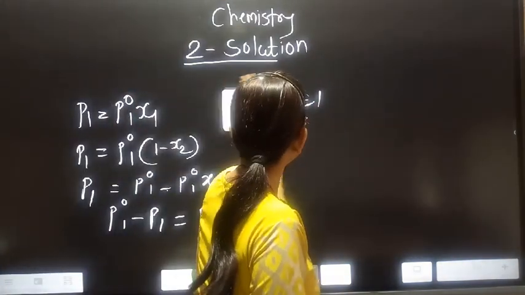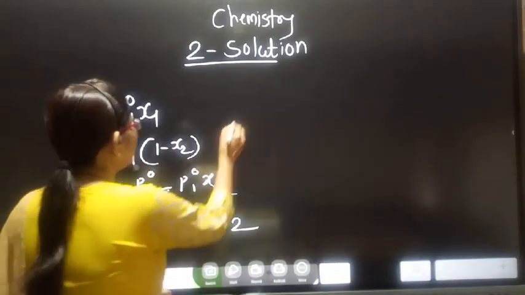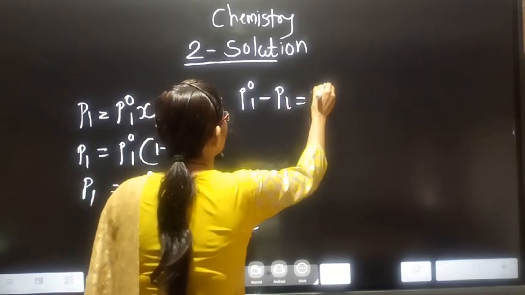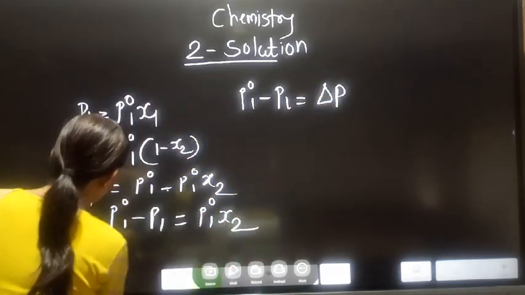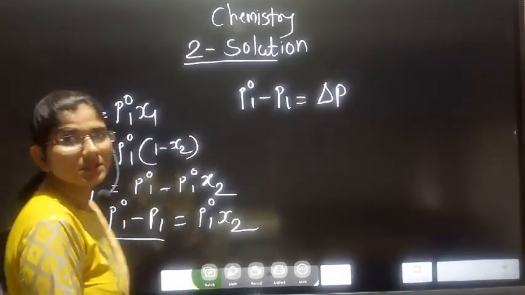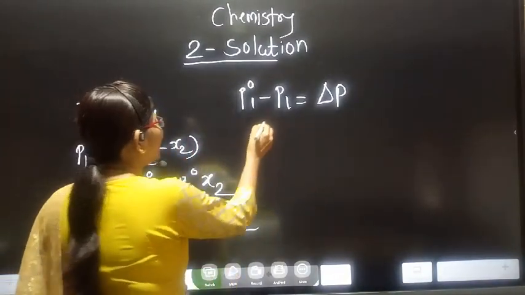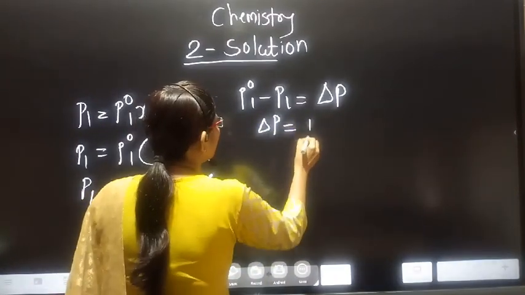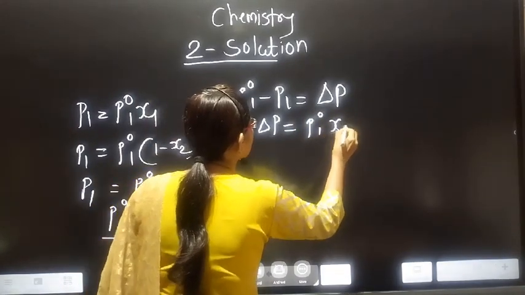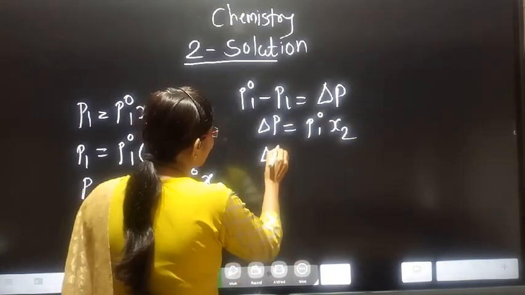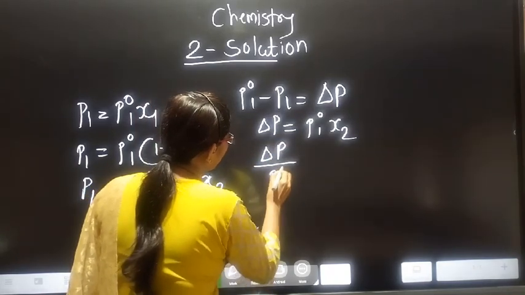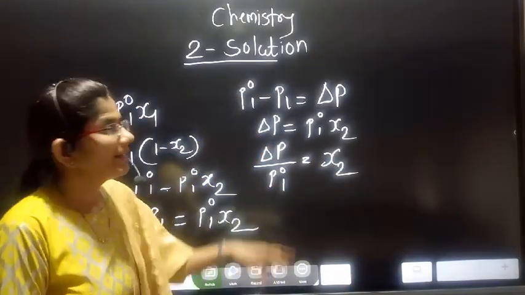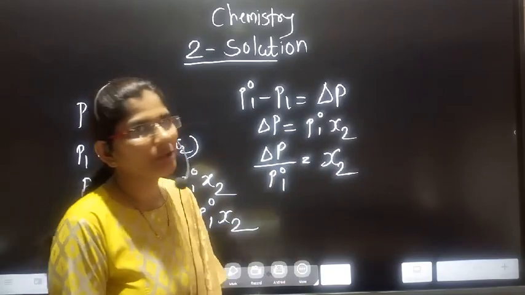So next to that, we know P01 minus P1 which is equal to delta P. So we can write delta P which is equal to P01 X2, and therefore delta P upon P01 which is equal to X2.